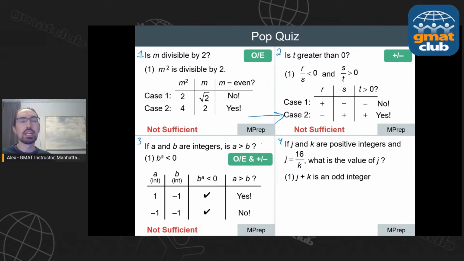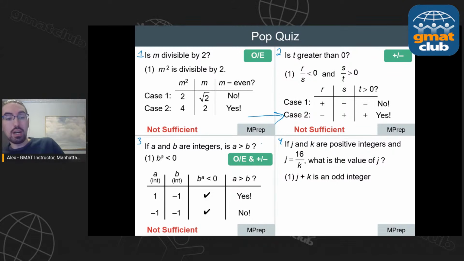Beyond that, I asked the chat, what do we know about A? We know that B has to be negative in order for this to be a negative result, B to the A. What do we know about A? Yeah, we know 2 things, right?